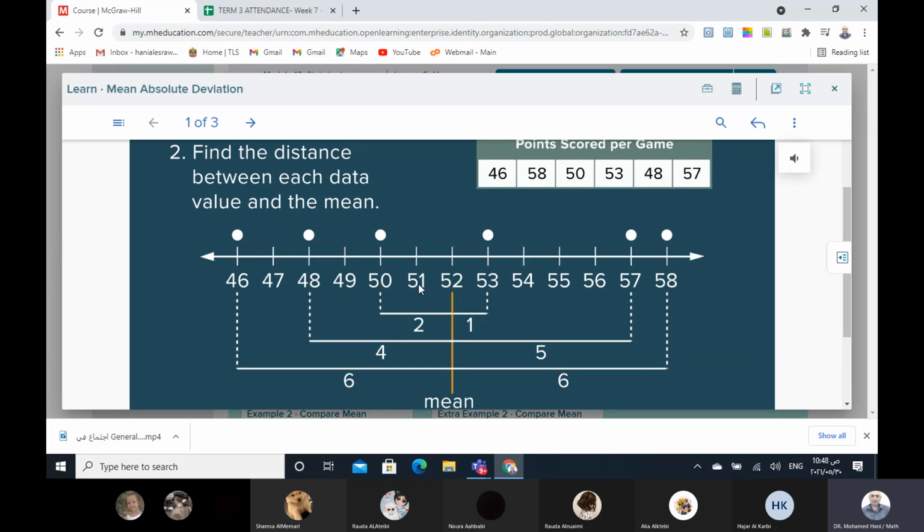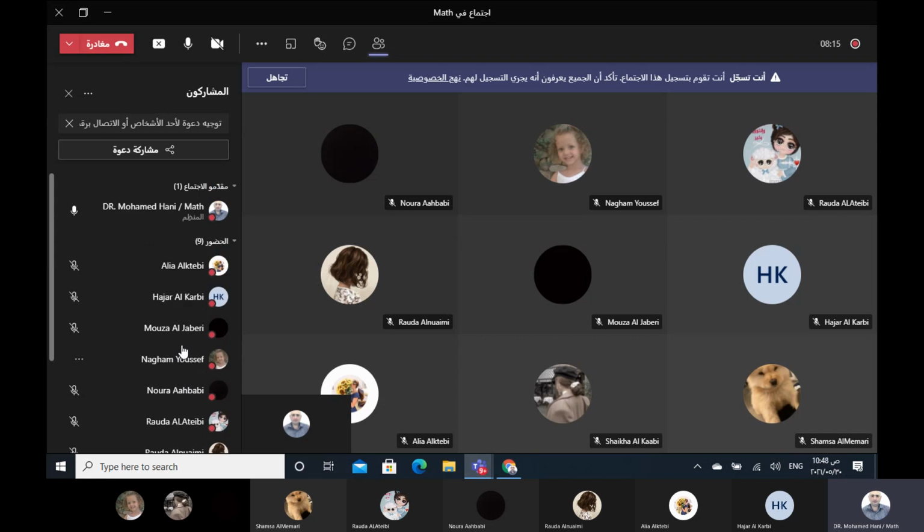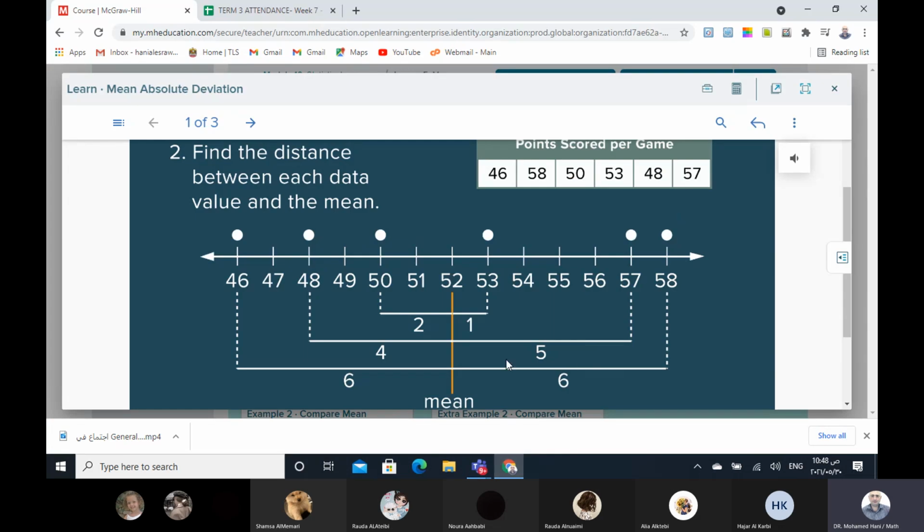And the distance here will be 1, 2. And here will be 1. And the distance from here to this value will be 1, 2, 3, 4, 5. And from here to this value will be 1, 2, 3, 4, 5, 6. So the second step, we want to find the distance between the mean and each value.